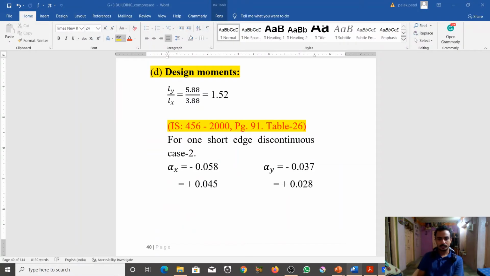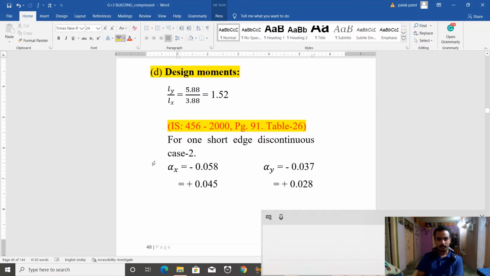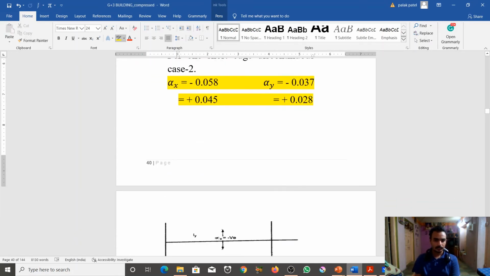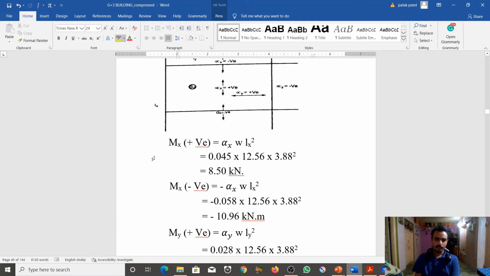So that's why, look here, alpha X and alpha Y, both values we have. Okay. For Mx positive at a support, alpha X w Lx square. These are the equations to find the moment: coefficient into weight into span whole square, Lx whole square.